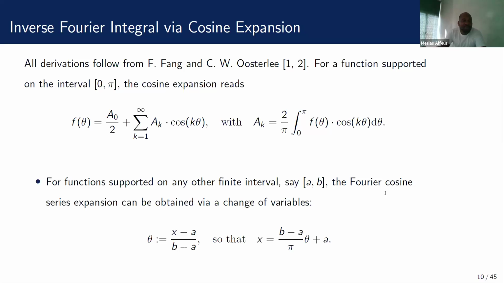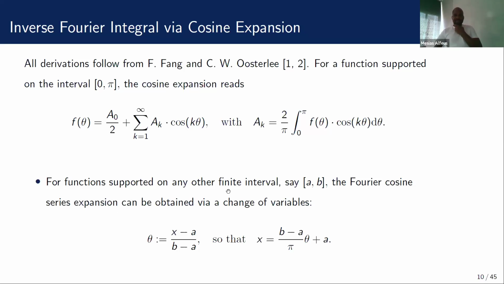For a function supported on a finite interval 0 to pi, the cosine expansion reads like this: f can be written this way in the cosine expansion, and the coefficients are given by this formula.